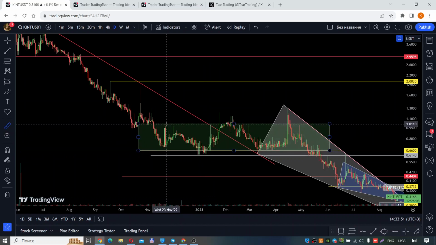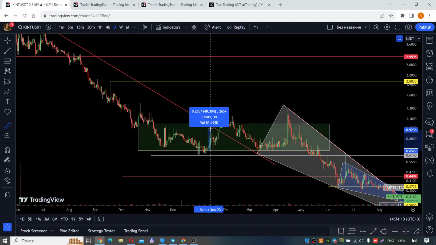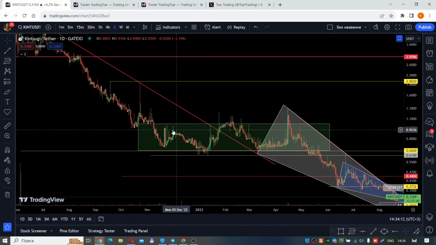So we have seen the resistance form here. If you see the volatility increase here, this basically means that algorithms have been turned on here. So from there, we see the first movement of about 50% to this resistance.